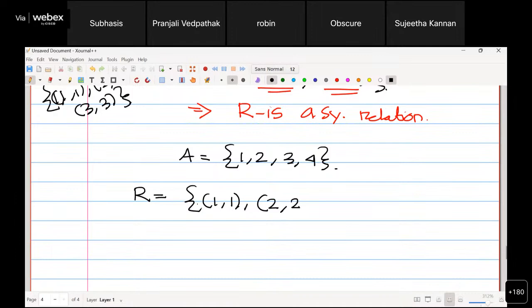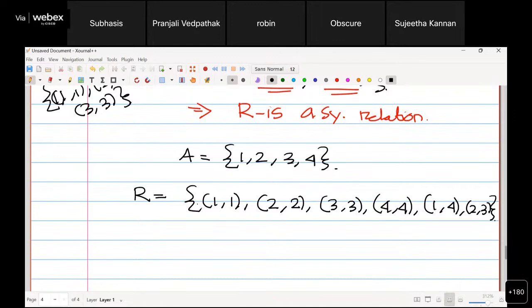And there are only 1,4 and 2,3 as the extra elements. Can I call this relation a reflexive relation?